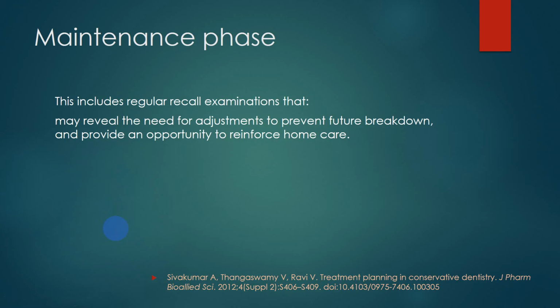After finishing the definitive phase, in which we maintained the occlusion and the function, the prostheses are placed and the implant or bridges are placed, the occlusion is maintained. Then after that, we have to maintain what we have achieved by regular call and regular examinations of the patient.